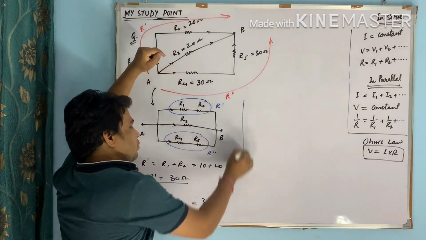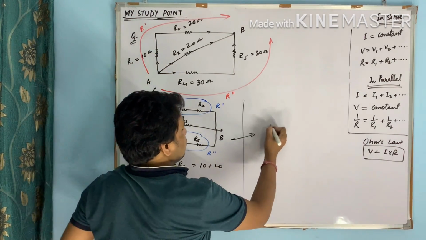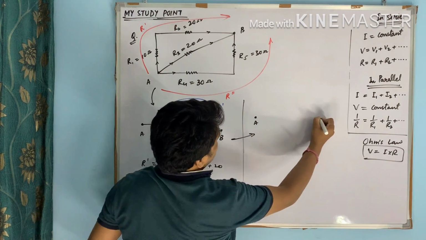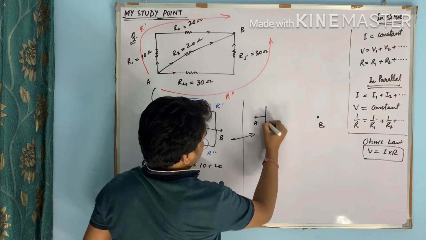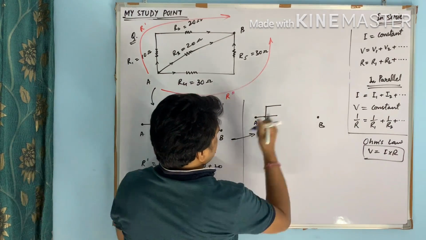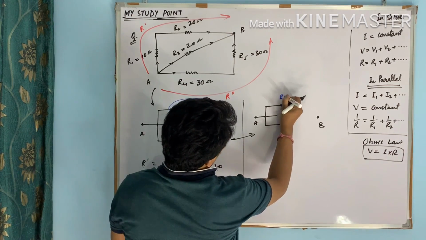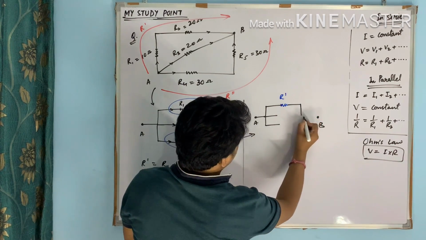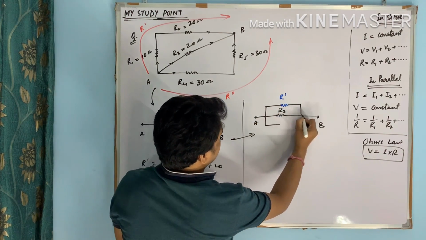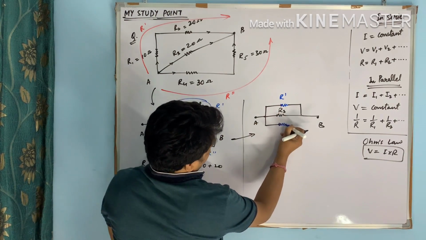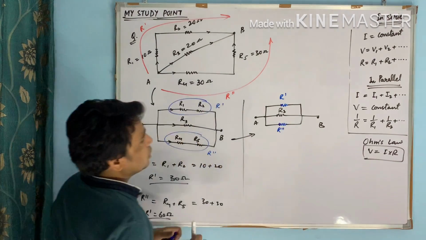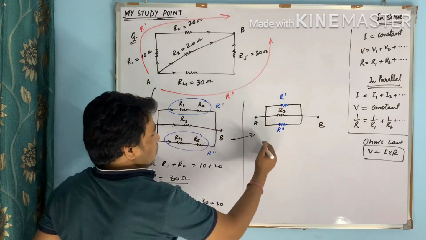Okay. Now we can redraw this diagram in this pattern. From A point to B point, there were three ways. Upper part is R dash, middle part is R3, and lower part is R double dash. Okay, so if you see, these three are in parallel.